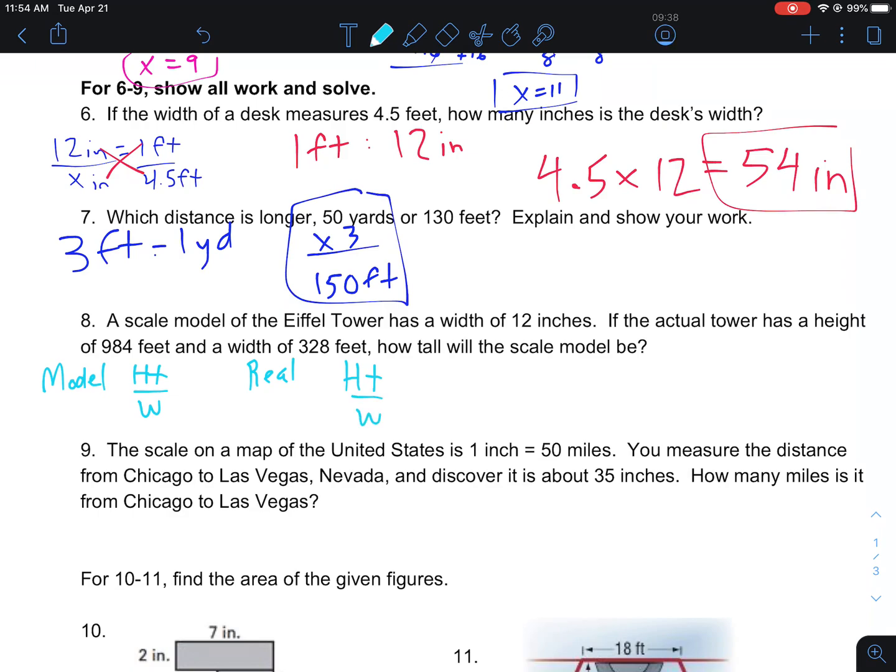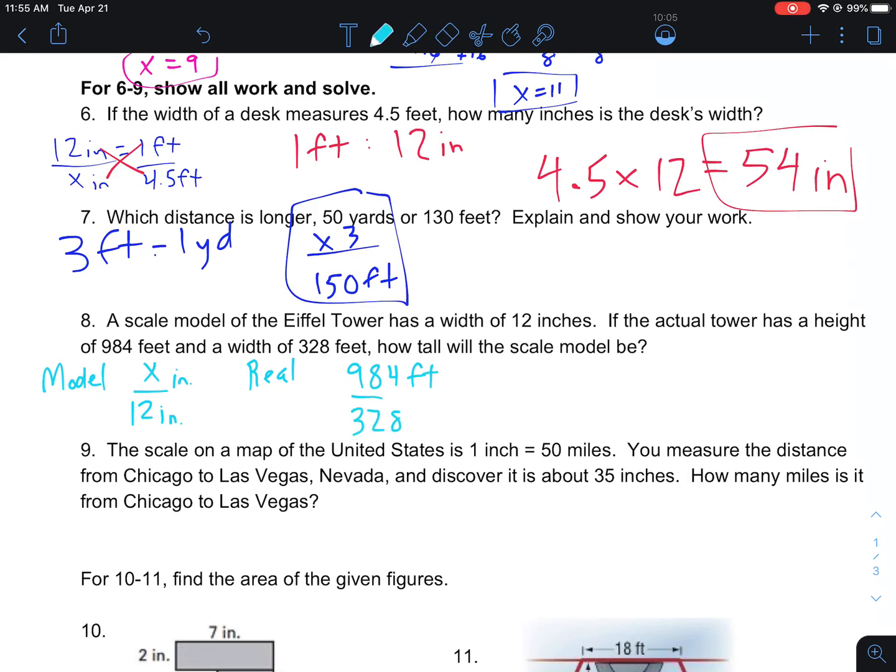So if that's the case, the model height, I don't know. So I'm going to call that x. The model's width, it says, is 12 inches. Okay, so those are both inches. That's for the model. In real life, how tall is the Eiffel Tower? It says it is 984 feet tall and 328 feet wide.